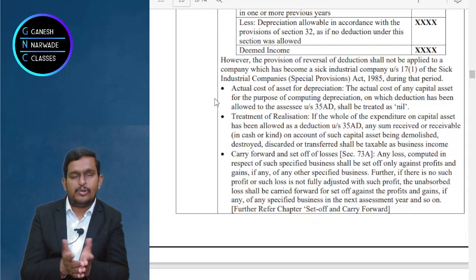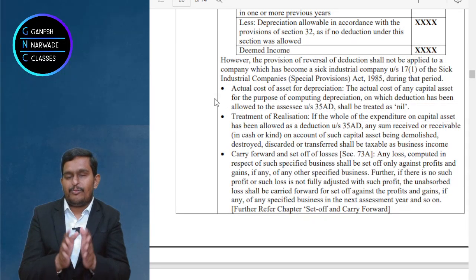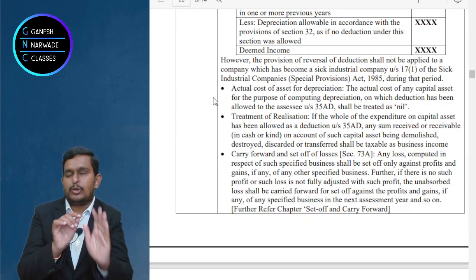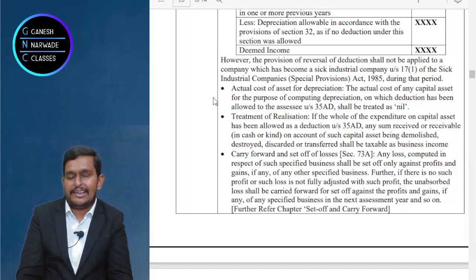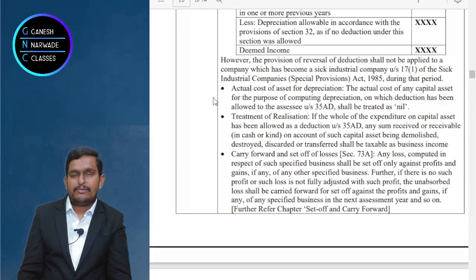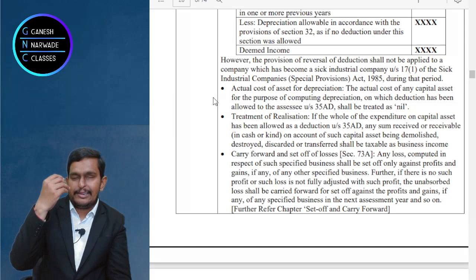So how shall we do? What you do is, whatever the profit is, up to that amount you claim under 35AD. And the balance amount which you are not able to deduct this year, you carry forward. That means you can claim the benefit of deduction in the next years.